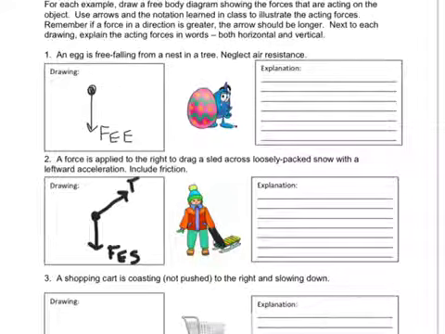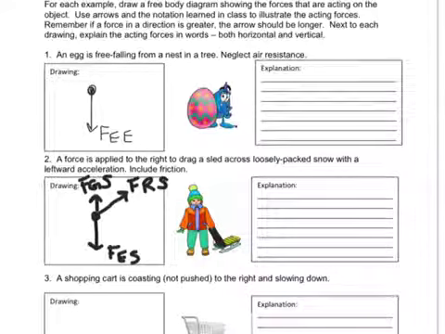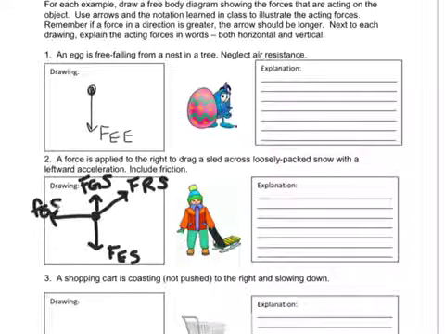That's the force of the rope on the sled. We also have the ground pushing up on the sled. And we also have friction. Lowercase f, frictional force of the ground on the sled.